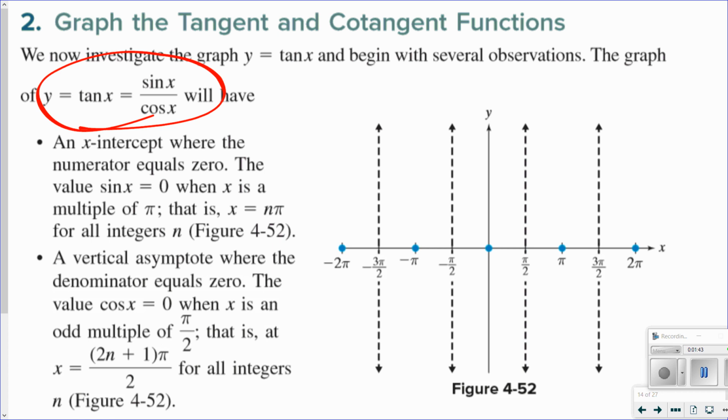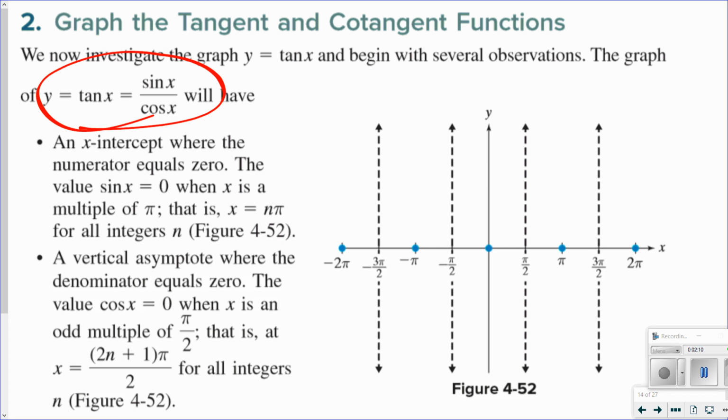So we will have x-intercepts where sine of x is 0, which, if you look at your unit circle, which you should also have in front of you for quick reference, sine is the y-coordinate, and so it is 0 at 0, pi, 2 pi, 3 pi, and the negative multiples as well. So we'll have x-intercepts there.